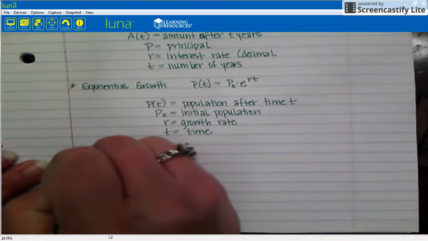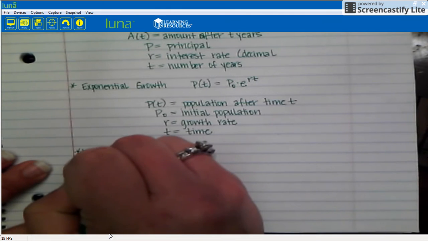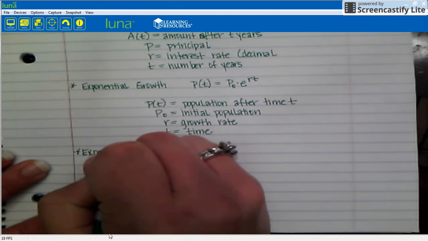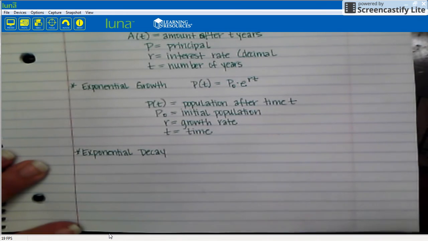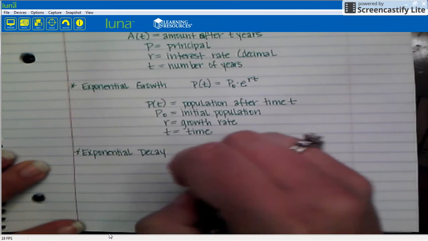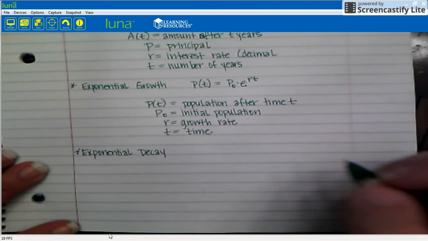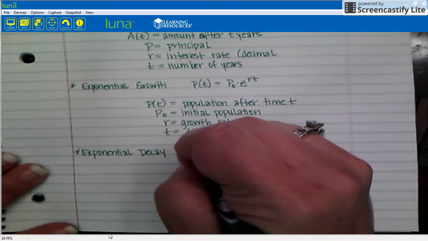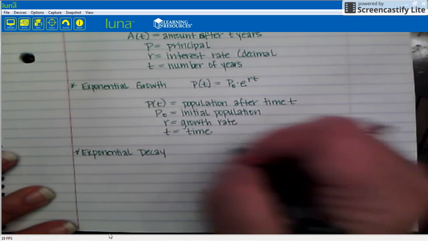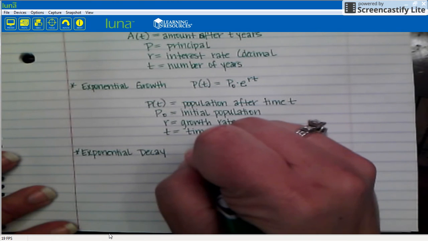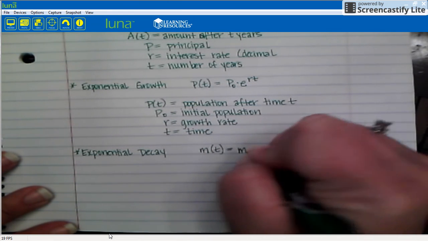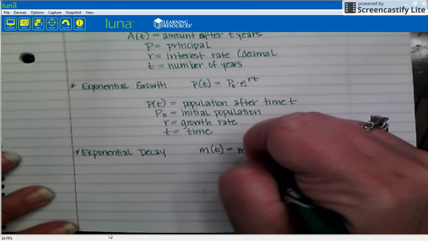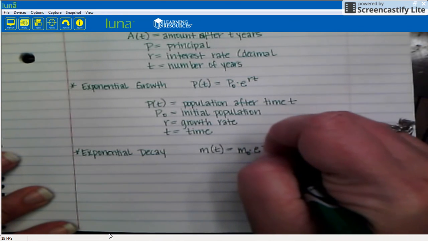So with our exponential decay, it actually looks a little bit different at this level because we use it for so many things, specifically at the chemical and physical level in biophysics and chemical engineering. So we have M of t is equal to M naught times e to the negative rt.